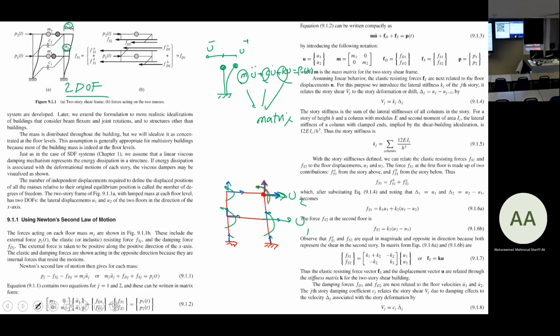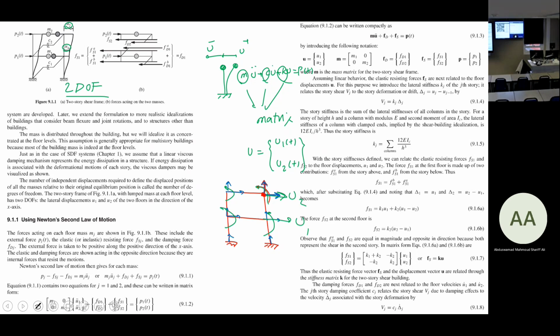And U, U dot, U double dot, and P(t), all of them are vectors. For example, here in this system, U is a vector like this: U1(t), U2(t). U1(t) is a scalar, U2(t) is a scalar, but they are functions of time.